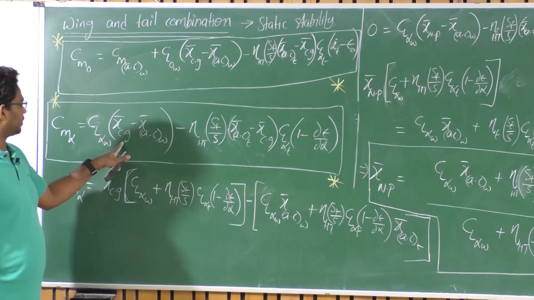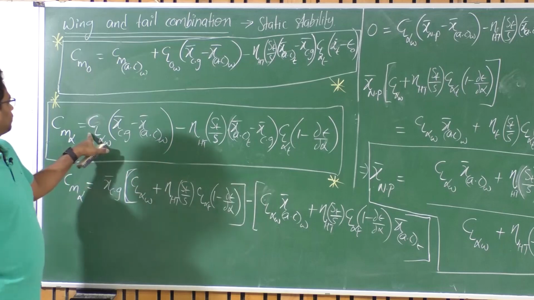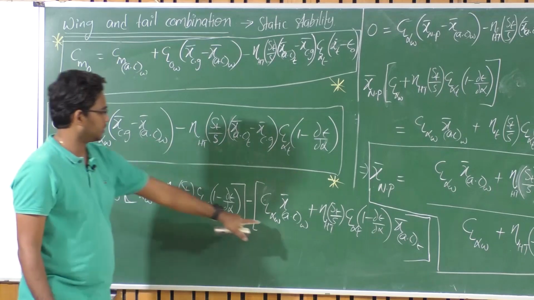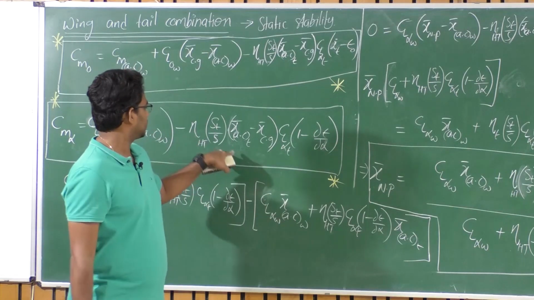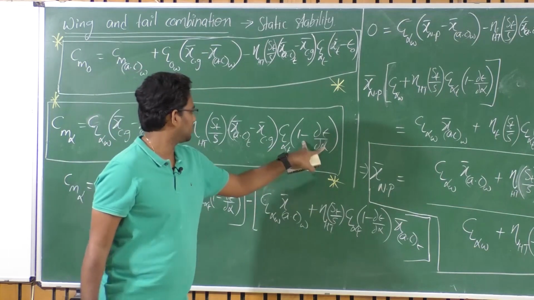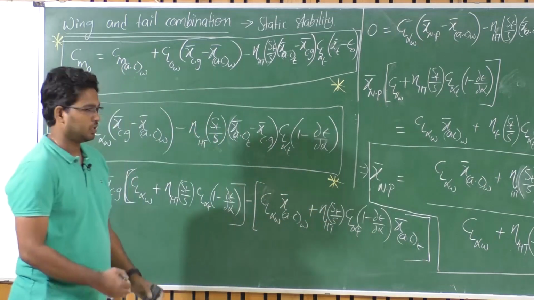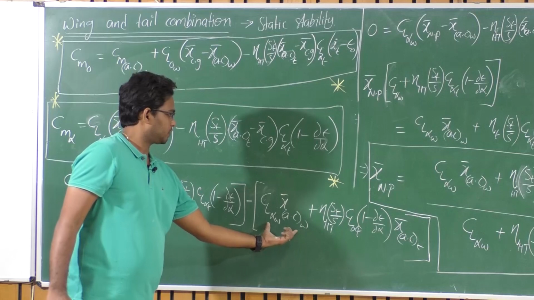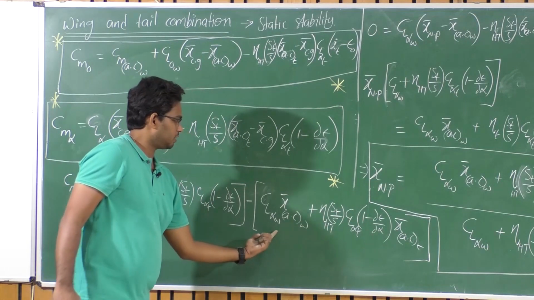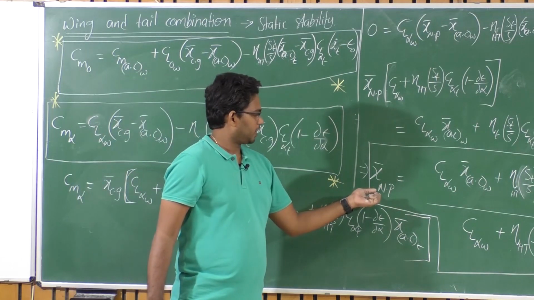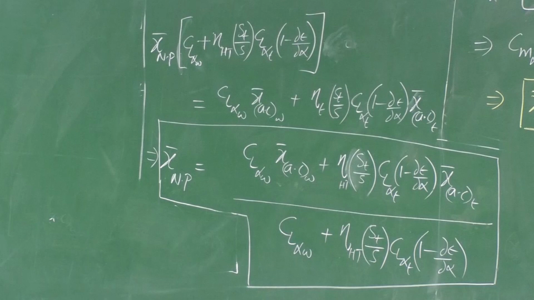I have taken the minus out, so that Cl alpha of wing times x bar AC of wing is here, and then with this minus taken out, it becomes plus eta St upon S, Cl alpha of tail times 1 minus dou epsilon by dou alpha multiplied by x bar AC of tail. Am I correct? So can I write this expression as x bar NP multiplied by this particular factor?